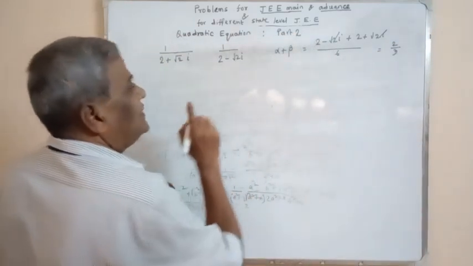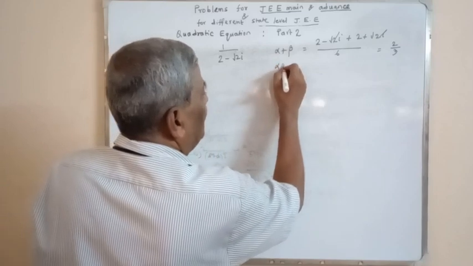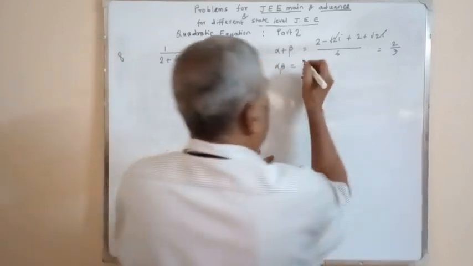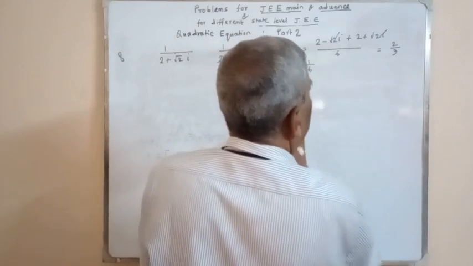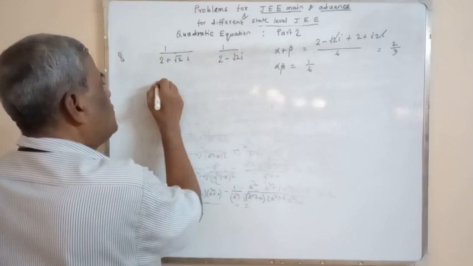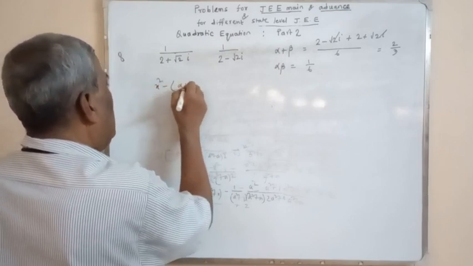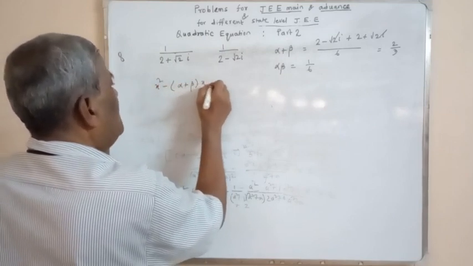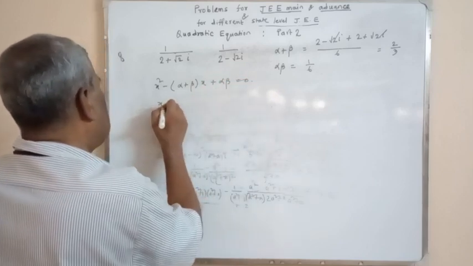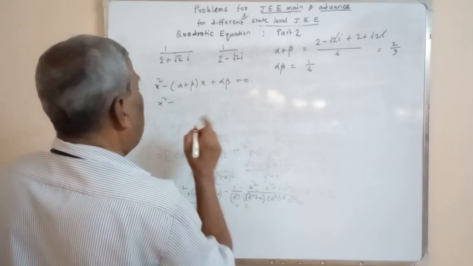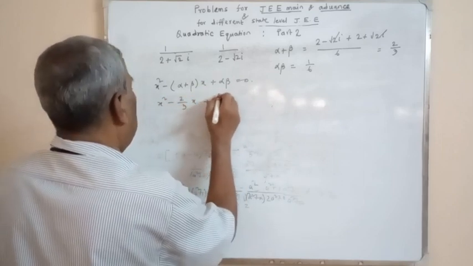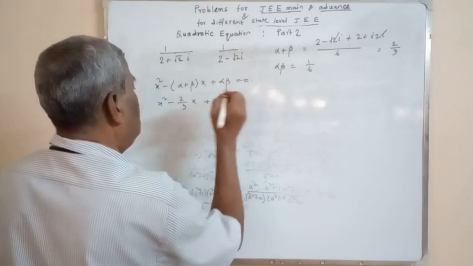Product of the roots, alpha beta, is this into that. So it is 1 by 6. So the equation becomes x square minus (alpha plus beta) into x plus alpha beta is equal to 0. That is x square minus 2 by 3 into x plus 1 by 6 is equal to 0.